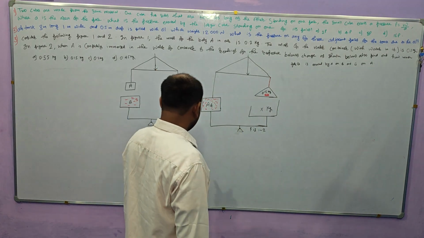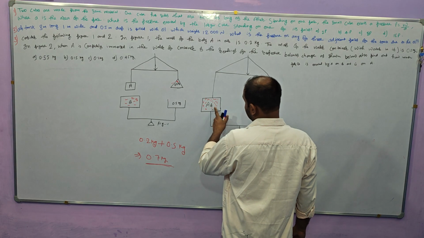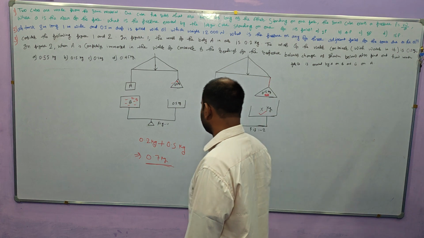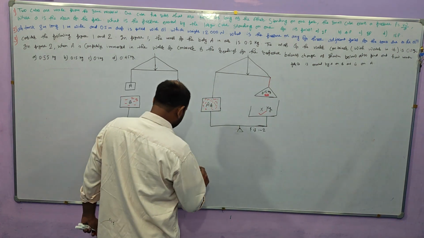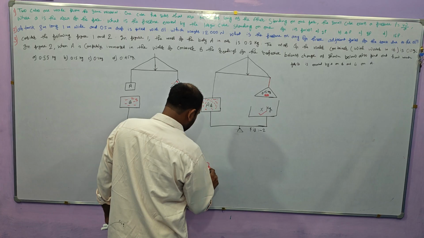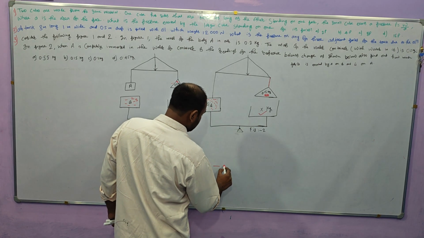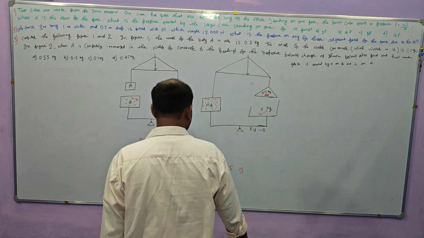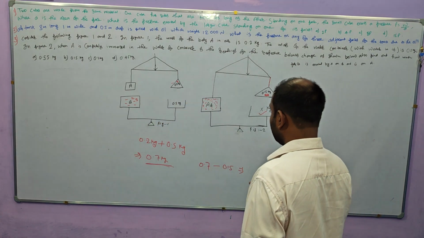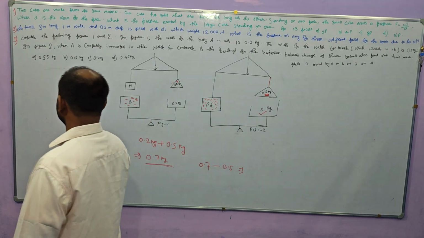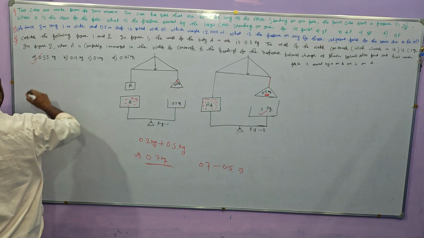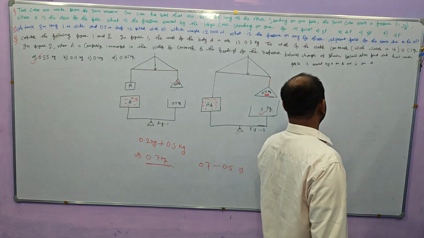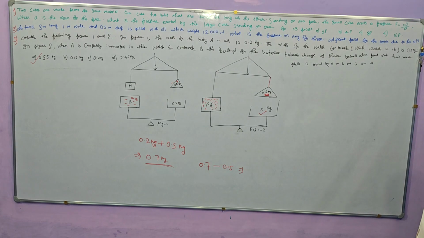Then we need to find the mass of X. So the complete mass is 0.7 minus 0.15. When we subtract it, we get a result of 0.55 kg.